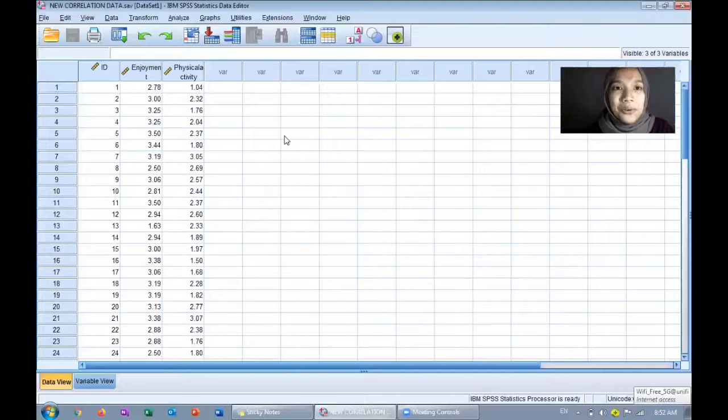But before we test the inferential statistic, which is correlation, we have to test the normality of this data to know whether this data is normal or not normal, to know which test we should use, either Pearson's or Spearman.